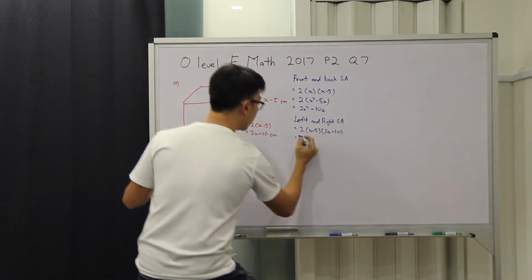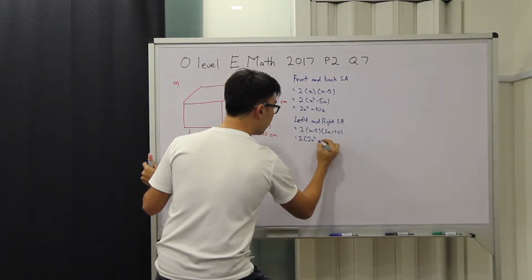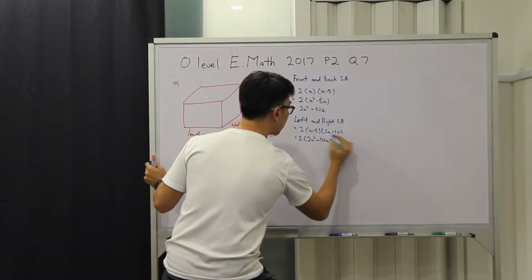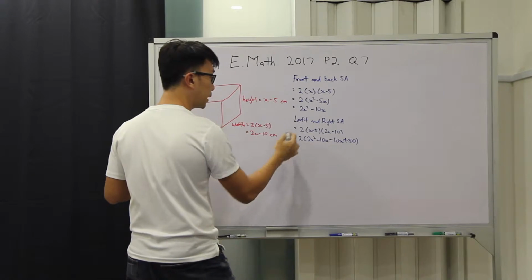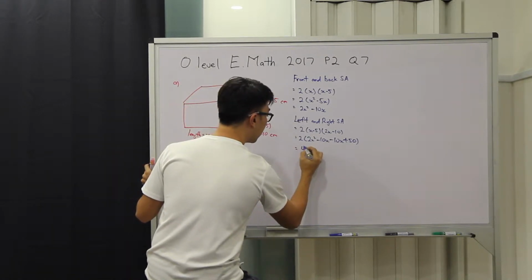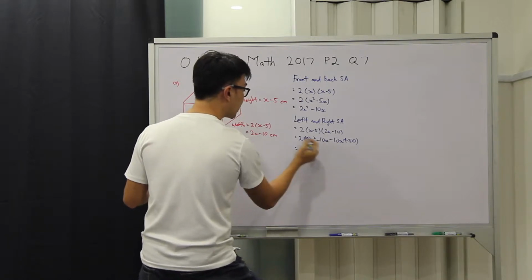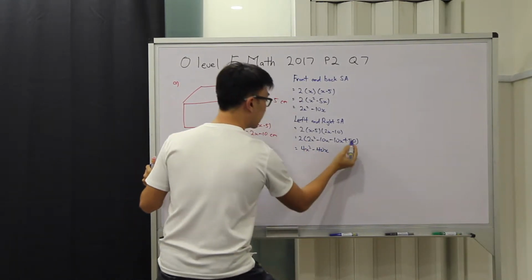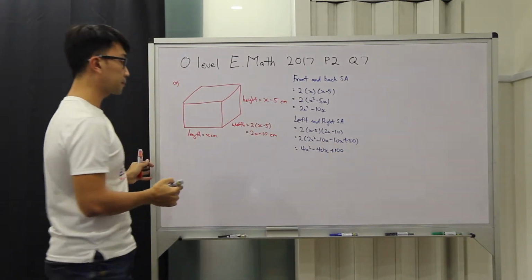By expanding this, we'll get 2x squared minus 10x minus 10x plus 50. And by further expanding, we'll get 4x squared, minus 20x times 2, that will give us minus 40x, and this will be plus 100.